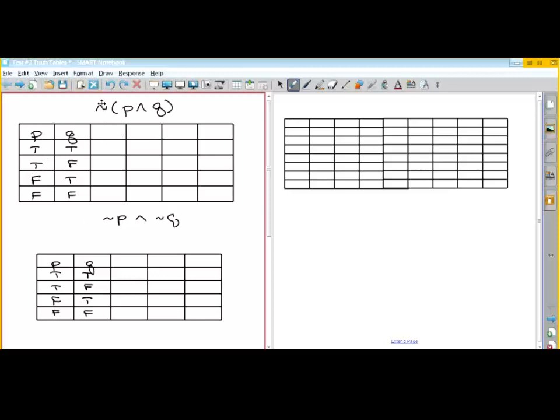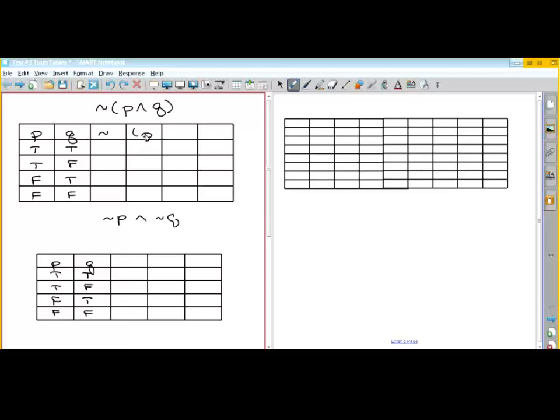Now, the mistake a lot of people made on the test was with the logic expression with the negation outside the parentheses. What that means is whatever the result of this logic argument, we have to do the opposite to it. So we need a column just for this outside negation.